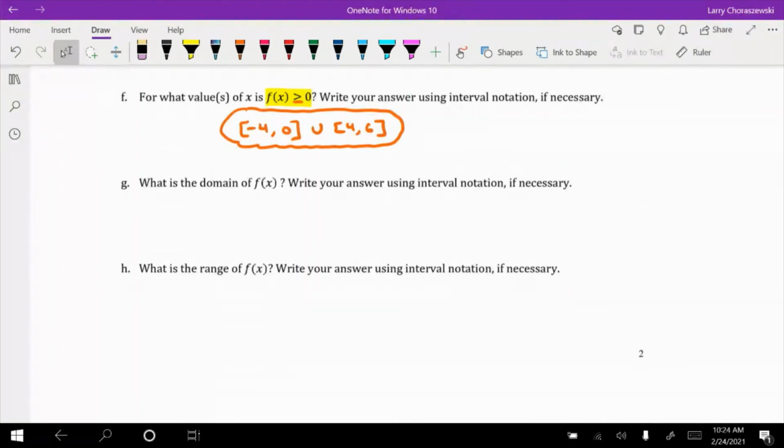All right, any offers on the domain? Let me ask you this. What's the smallest x value being used for this graph? -4. What's the largest x value being used for this graph?